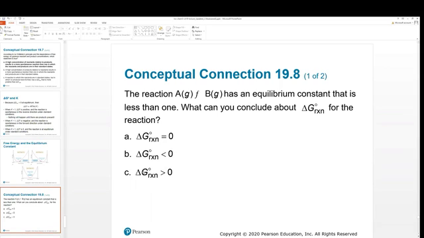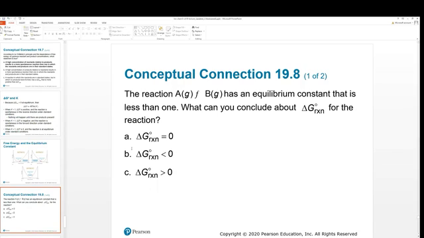Not so. Okay. The opposite. It would not be spontaneous in the forward direction because K is less than 1. So K is less than 1, meaning its equilibrium likes to lie towards the reactants, meaning in the forward direction, it's not going to be too spontaneous. It's not going to want to go forward, especially when it's at equilibrium.